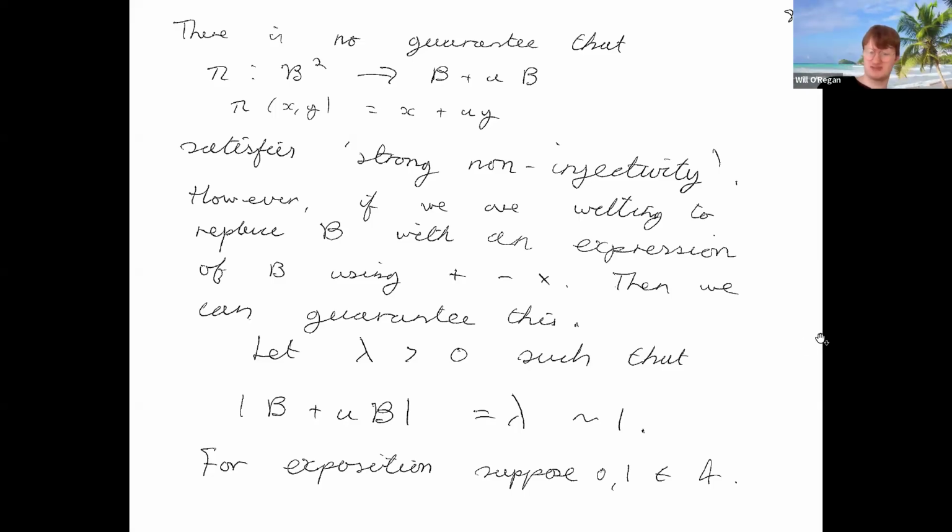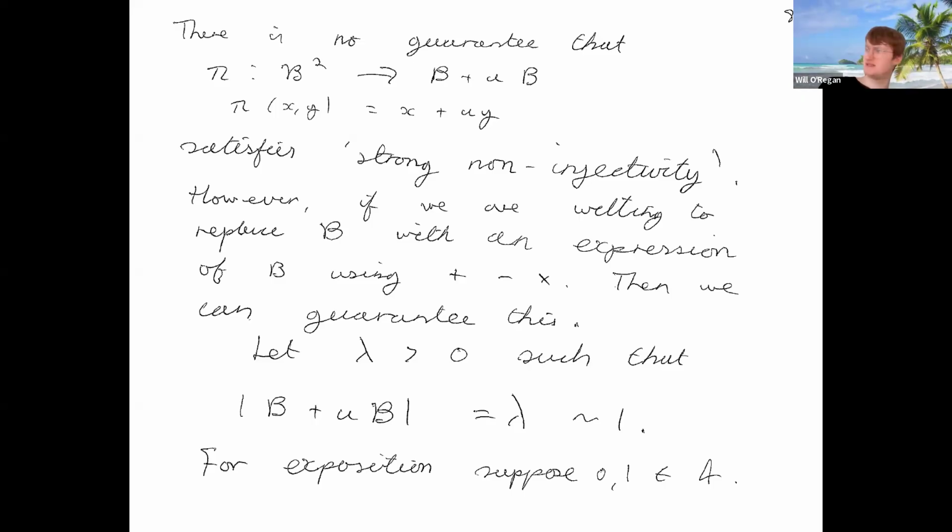And then for exposition, I'm just going to suppose that 0 and 1 are in A. This isn't a terrible thing to suppose, because you know that A is a support of this Frostman measure, and this measure is very non-concentrated.